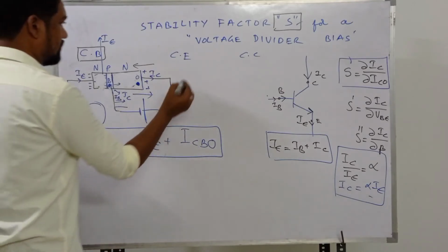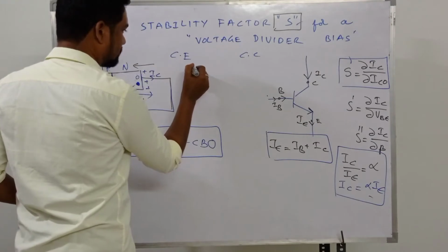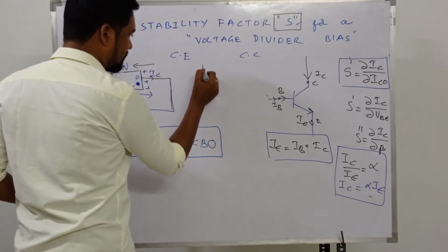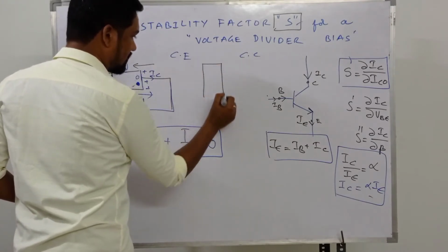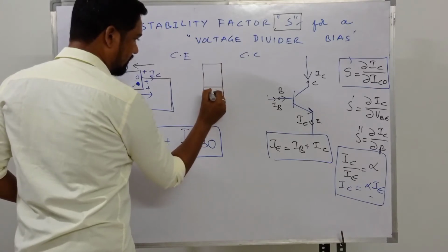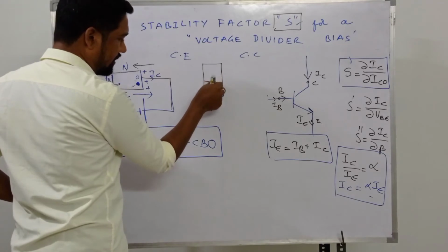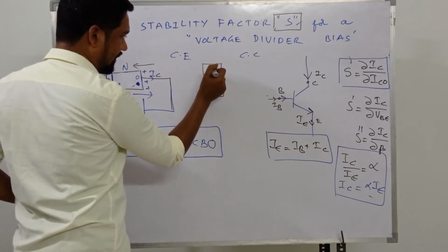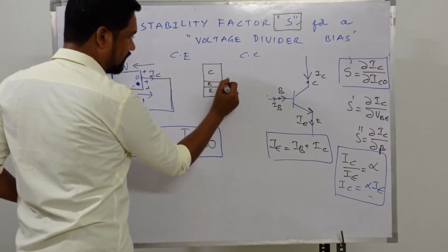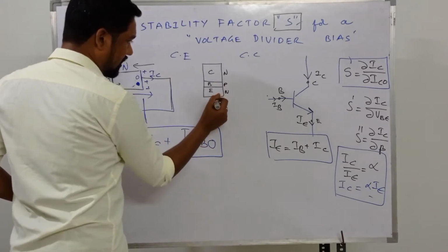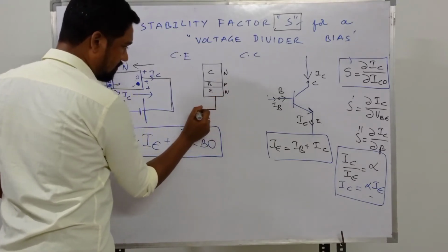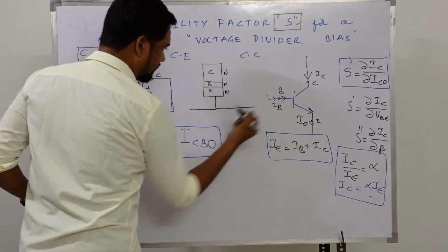In the other configuration we have common emitter, isn't it? So common emitter, once again let this be the emitter and this be the base. Once again saying that the base is thinner, the collector has a larger value, and it is an NPN transistor. Now the emitter is common to both input and output.